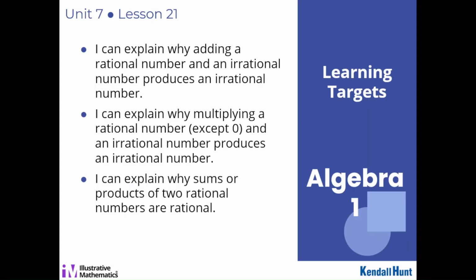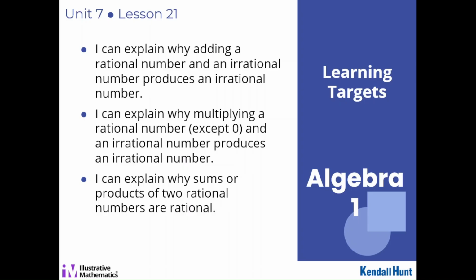We have 3 learning targets for this lesson. When we get done with the practice problems, we'll come back and review these again and make sure you've learned everything you need to before moving on to the next lesson. Learning target number 1 says I can explain why adding a rational number and an irrational number produces an irrational number.